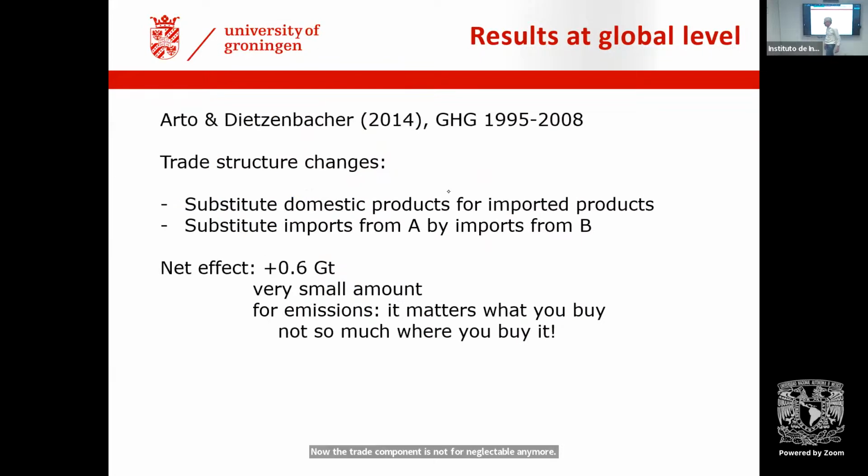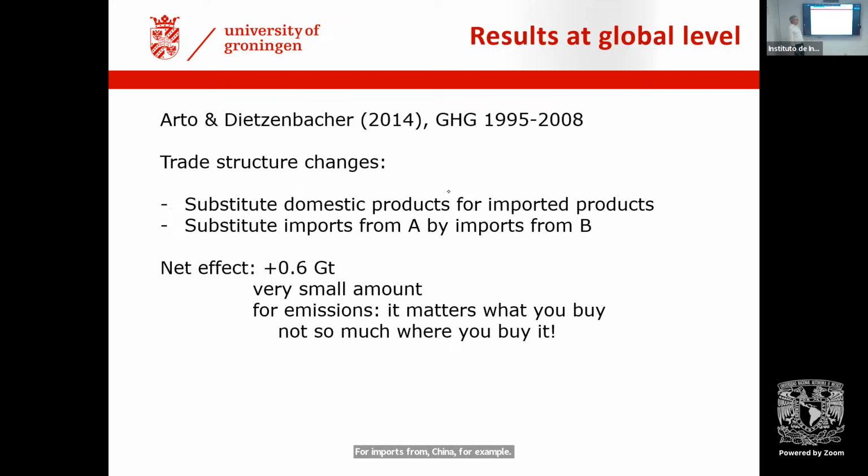So in the previous paper, the net effect was 0.6. And where do these effects come from in the trade structure? First, from substituting domestic products for imported products, and the second change is substituting imports from Europe and the US by imports from China, for example.